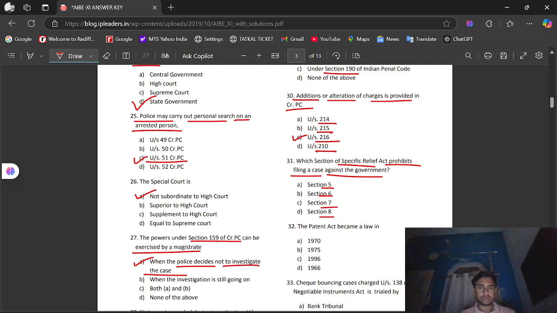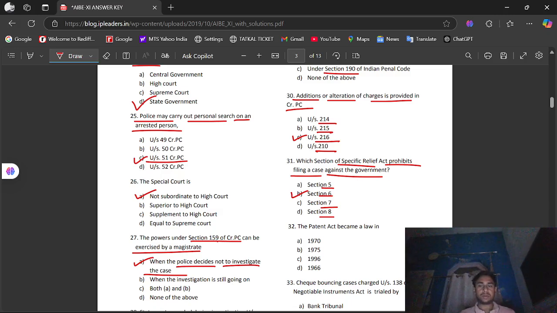The right option is option B, which is section 6. So basically section 6 of the Specific Relief Act prohibits filing a case against the government.